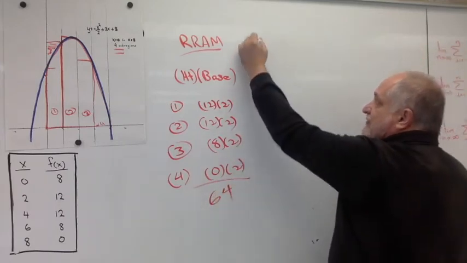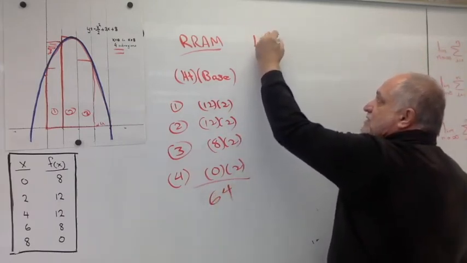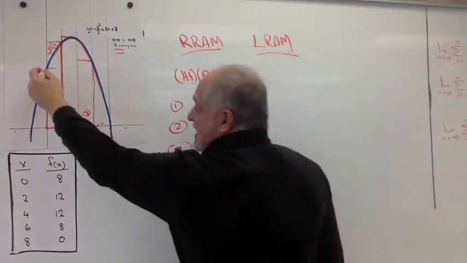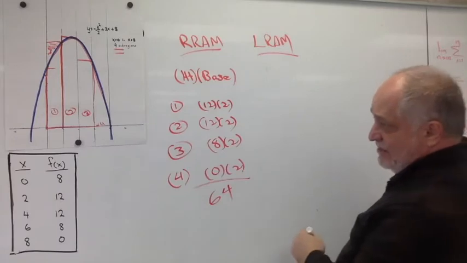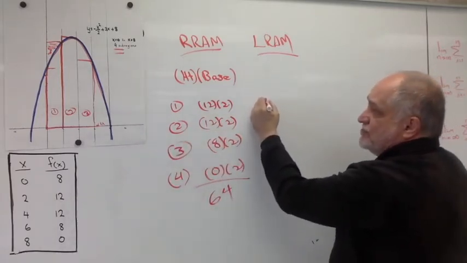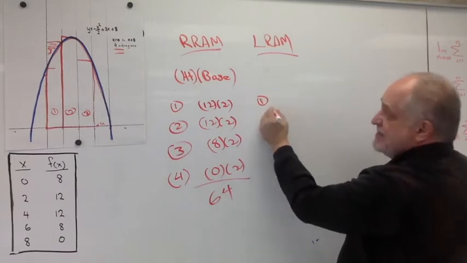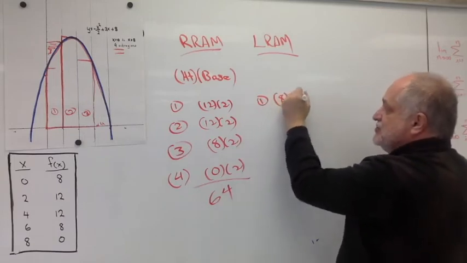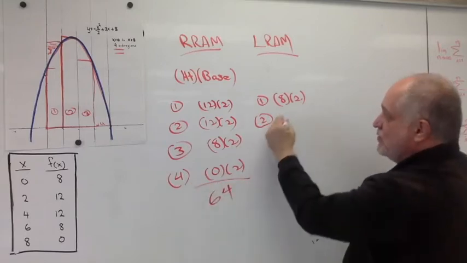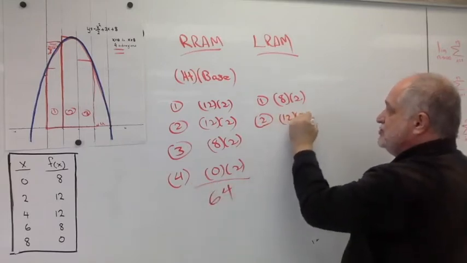If we were to do a left rectangular approximation, instead of using the right edge, we're going to use the left edge. So for our left rectangular approximation, our first area is going to be 8 times 2. Our second would be 12 times 2.